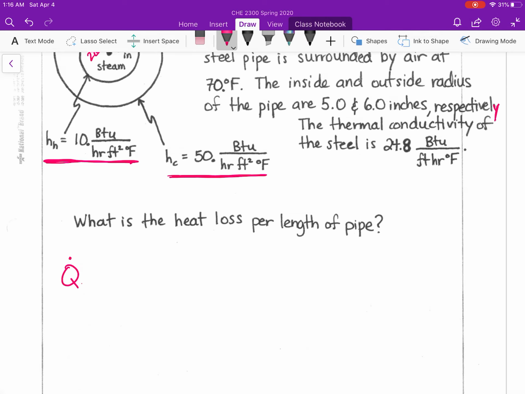The equation we can start with is our heat flow equation. This is going to give us our heat loss.